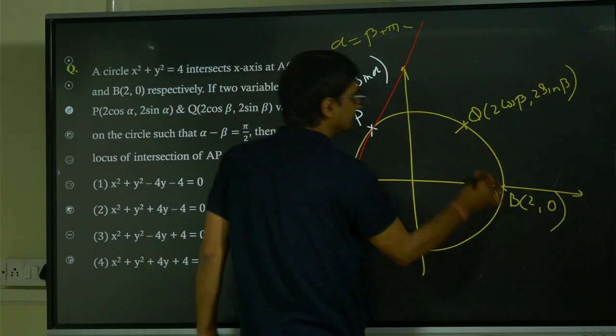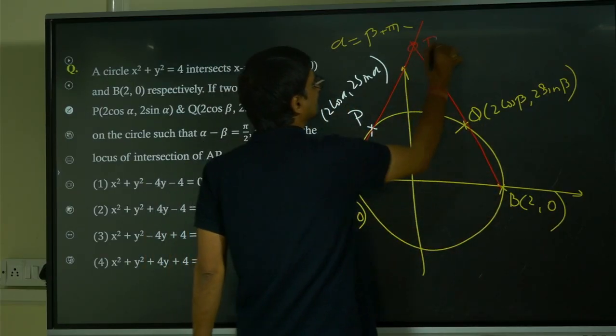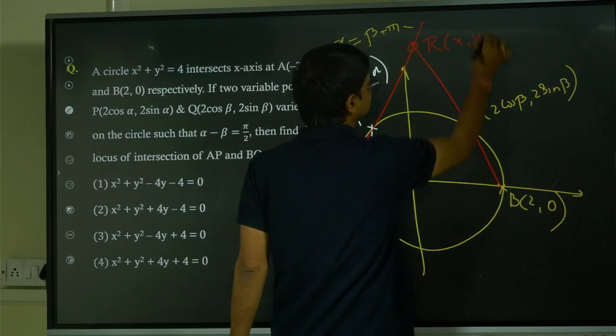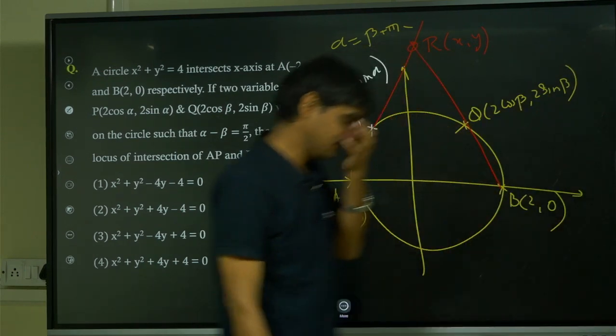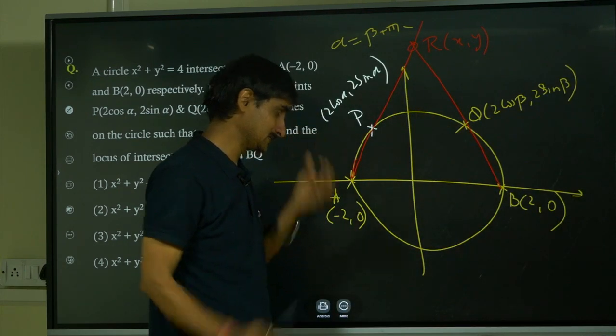We have to find the locus of this point as P and Q move on the circle.